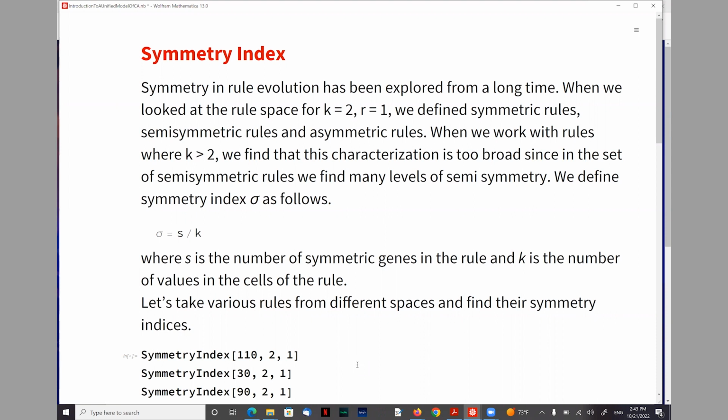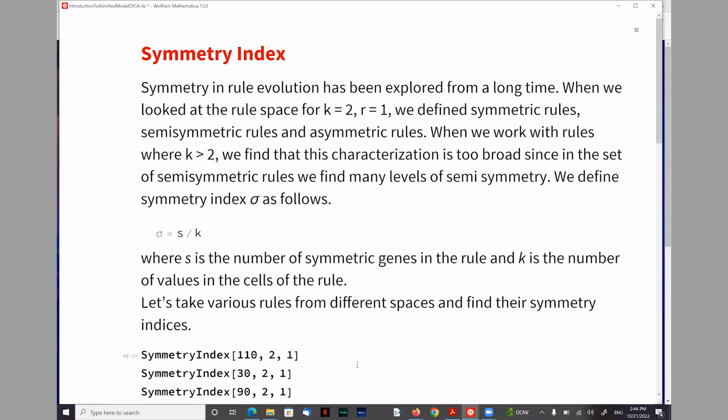And then totally asymmetric, so there was no symmetry at all. Now, when we work with rules for K greater than 2, we end up having that this characterization is too broad, because now the semi-symmetric rules are much wider, and there are different levels of semi-symmetry.